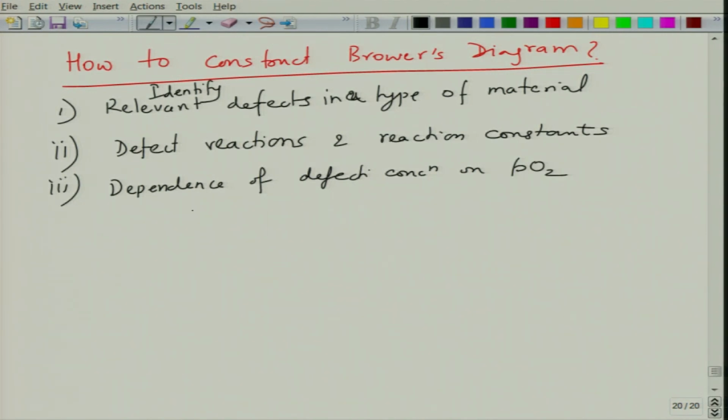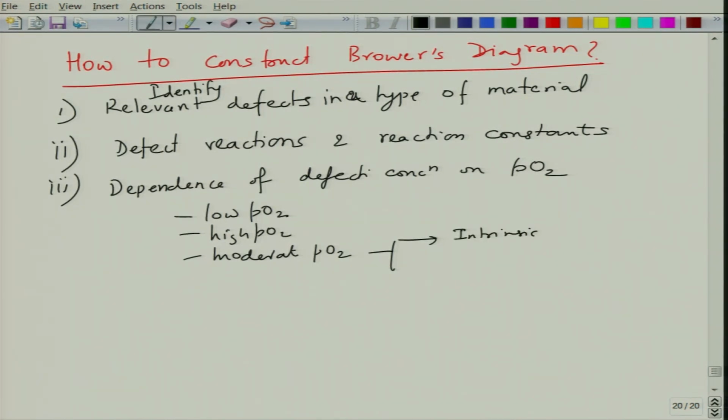So, you do it for low PO2, for high PO2 and for moderate PO2. When you do it for moderate PO2, you may have intrinsic ionization dominant cases, or you may have internal disorder, in terms of Schottky or Frenkel defects. Okay.